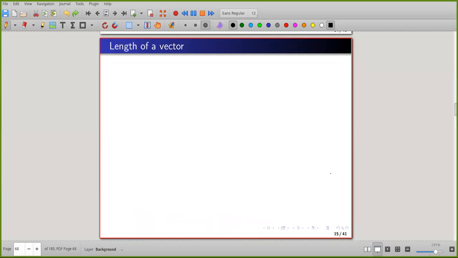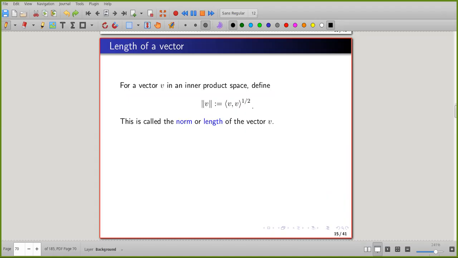Length of a vector. This is something which you probably know. For a vector v in an inner product space, define the norm of v to be the inner product of v with itself. This number is always greater than or equal to 0, which is one of the conditions we required in our definition of inner product space, and we just take the square root.